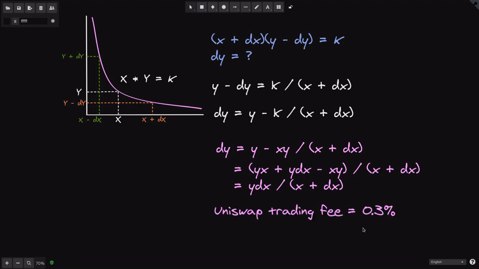Uniswap has a trading fee of 0.3%. So the actual value for dy will equal Y times 0.997 times dx divided by X plus 0.997 times dx. And that is the equation that you'll see inside the code for Uniswap.